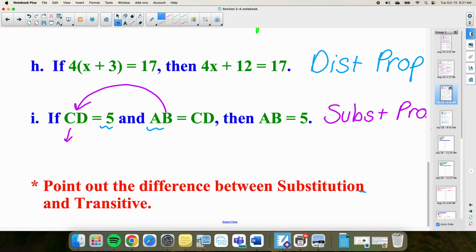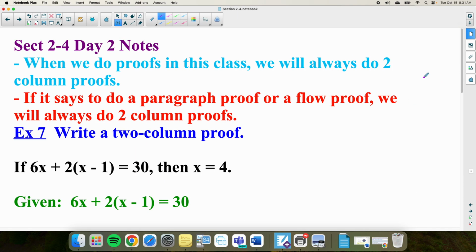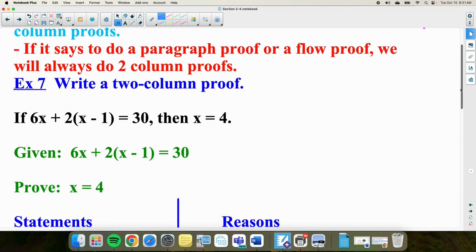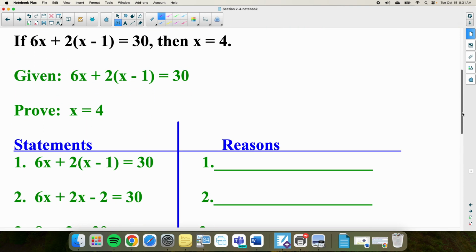Now, let's go and we're gonna try our first proof. So, this says day 2, you can ignore that. That's because in my high school class, we learned another thing prior to this and we stopped there, but I skipped that part for us.